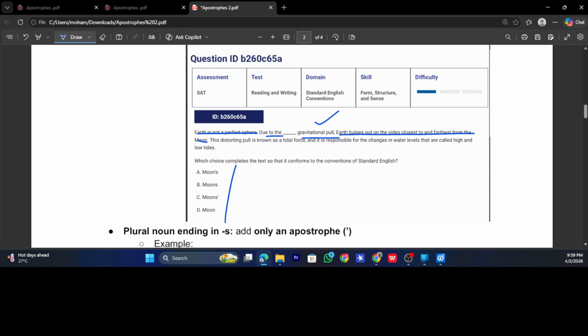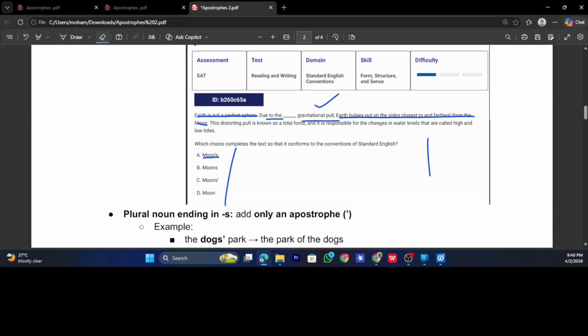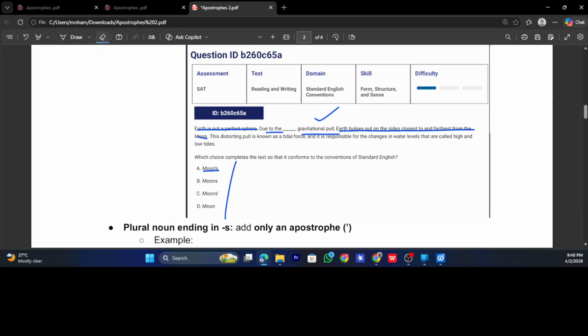First of all, due to the moon's gravitational pull. So what is the moon's gravitational pull? Moon's gravity, here only one moon, so you only use the singular possessive apostrophe. So A is the correct answer.